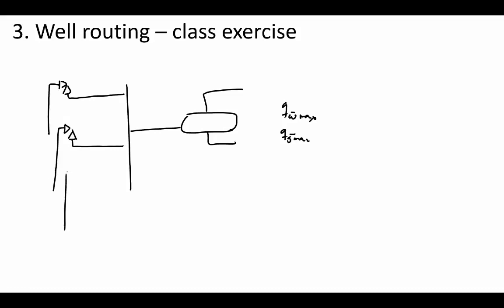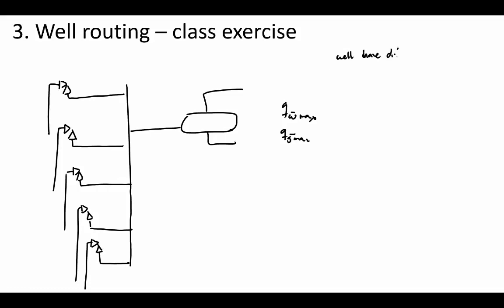I have 5 wells, and they go to the separator. These wells have different GOR and different water cut, so I want to find how much to produce from each well.